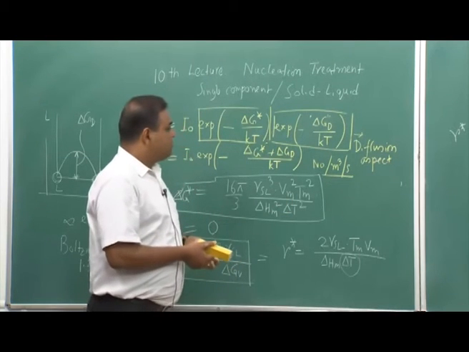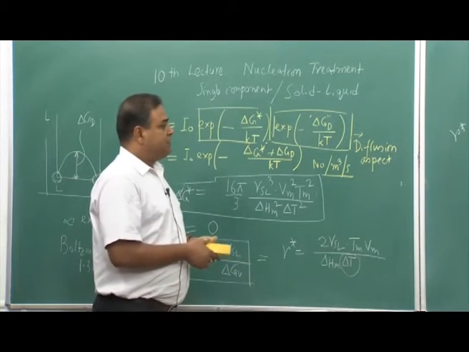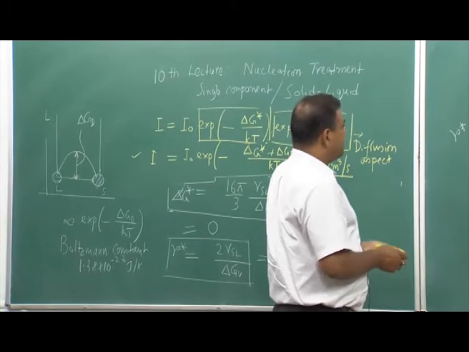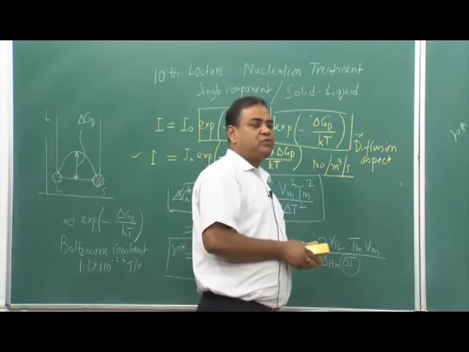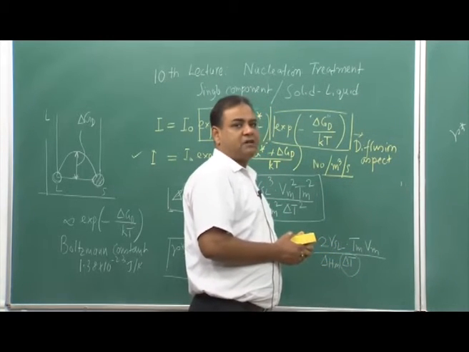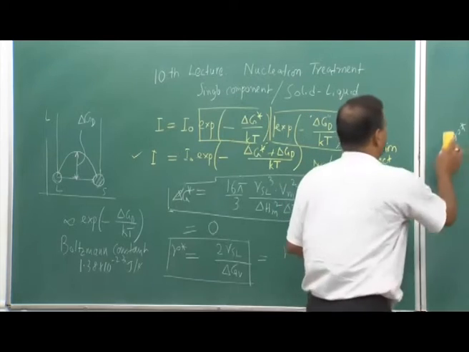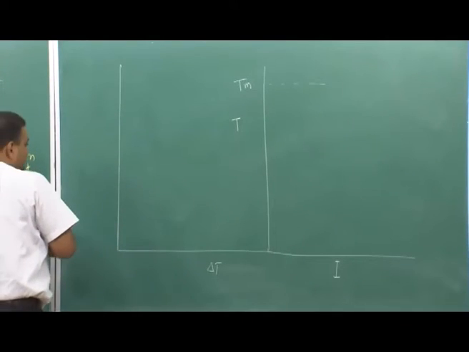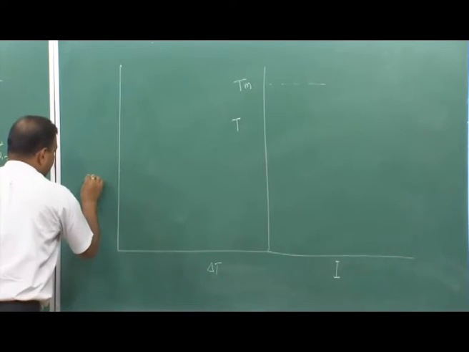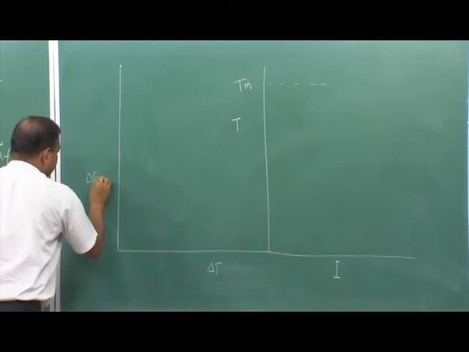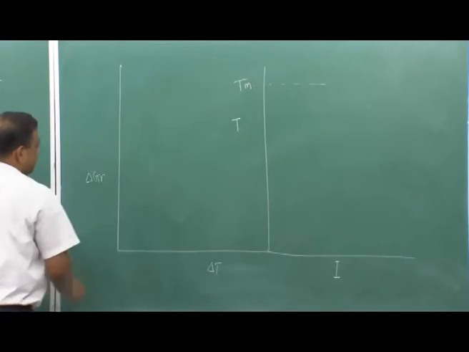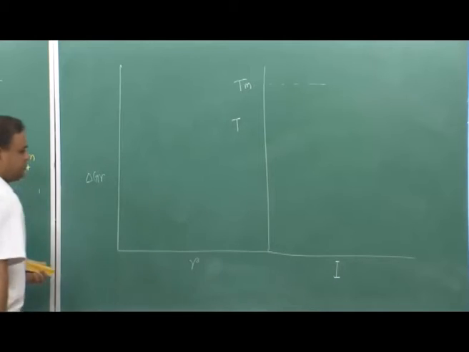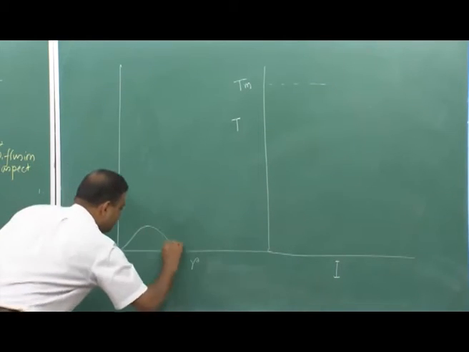Another thing: if I try to plot, at different temperatures, the variation of R star, we can also have a plot like that. For example, the variation of delta G R as a function of R, you will see that the plot would look like this.